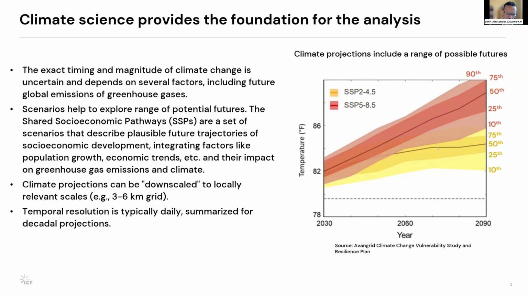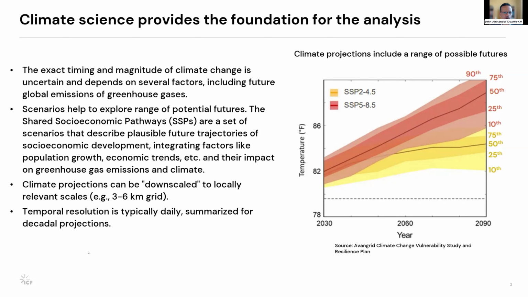And so one of the things that a utility or operator needs to do is decide what is their risk tolerance and what is their risk level. Climate projections get downscaled to locally relevant scale. So that's kind of 3 to 6 kilometers typically. And so you have a future view of a range of climate variables at a geographic resolution.